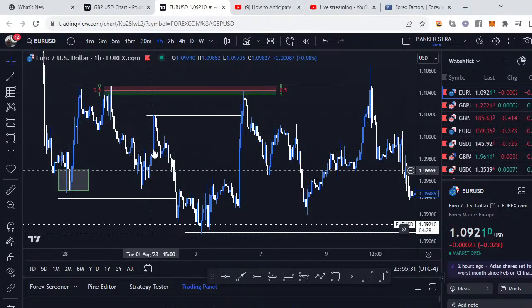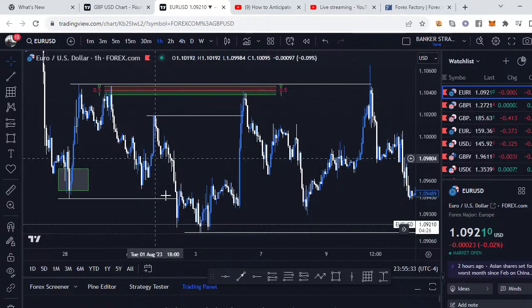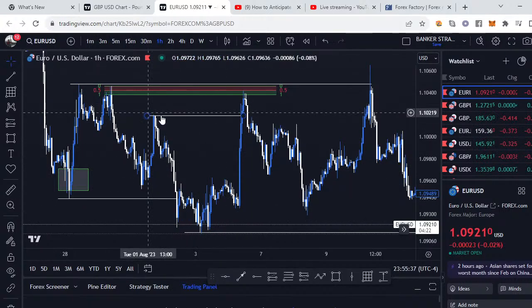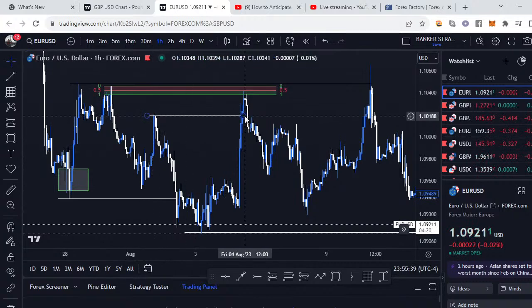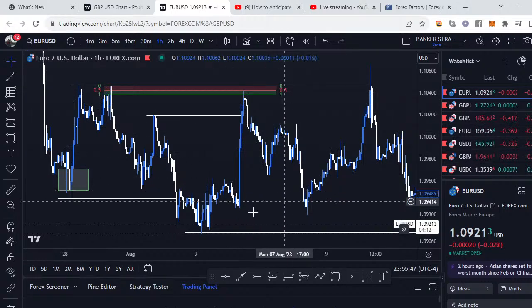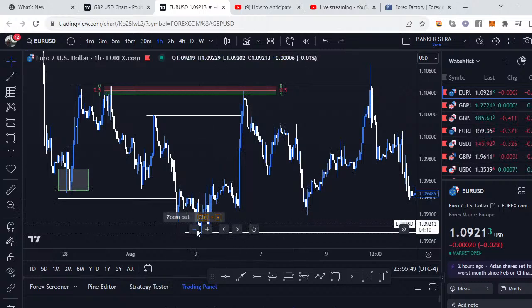Then price went back up, took liquidity here. See a high that hasn't been taken. Wow, there's liquidity. This high has been taken, and now it went back, and it took liquidity here.